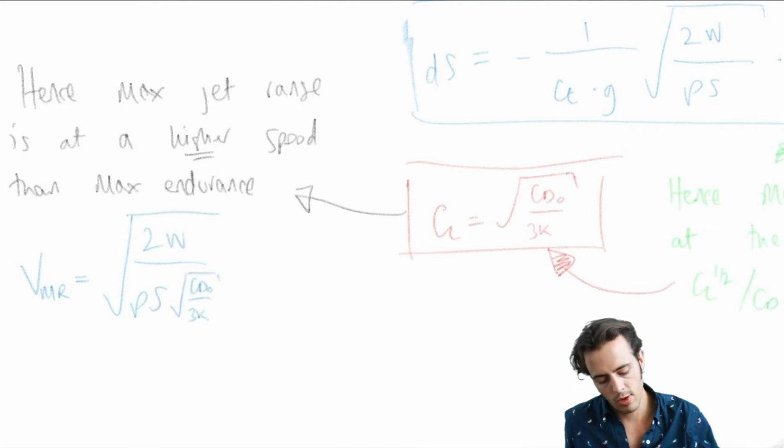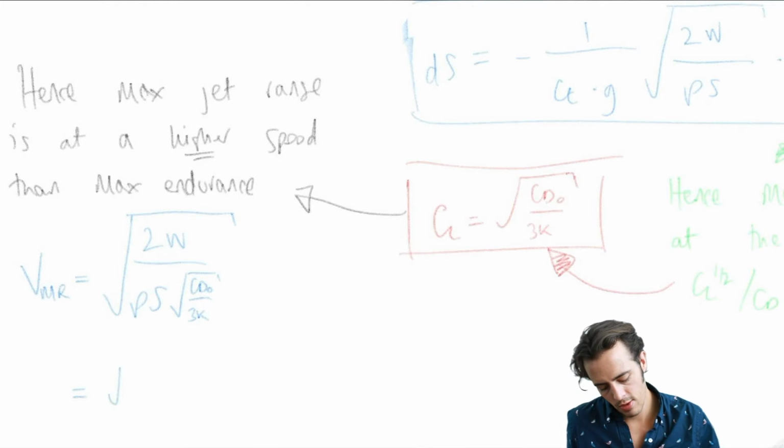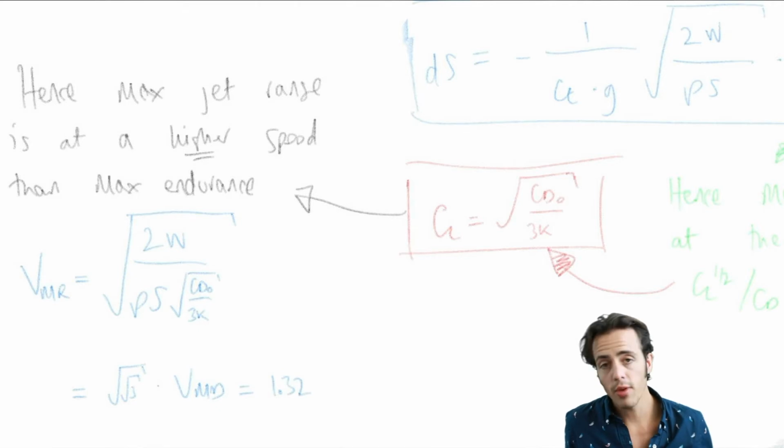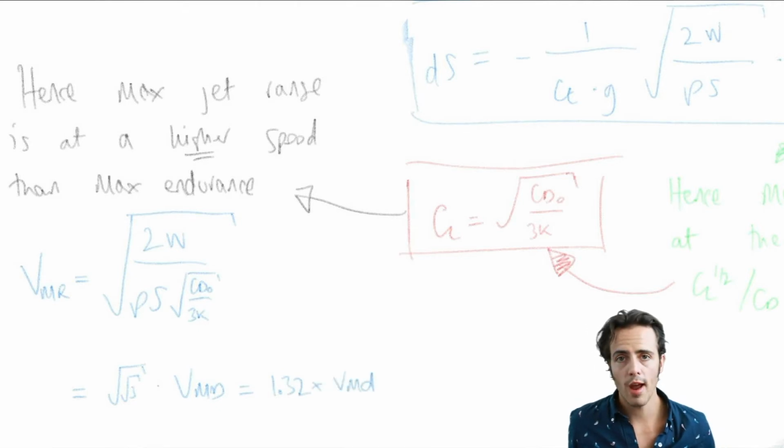Sorry, I said CD0 on K earlier. And it should be apparent to you guys that that's equal to the square root of 3 multiplied by the minimum drag speed, or 1.32 times the minimum drag speed.